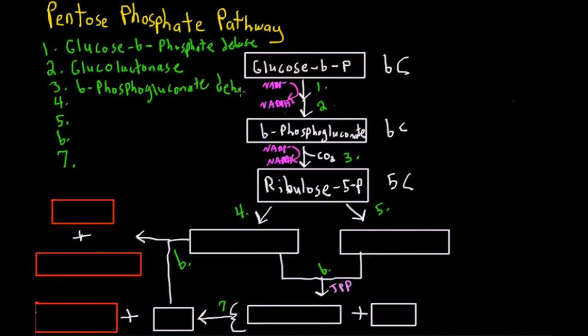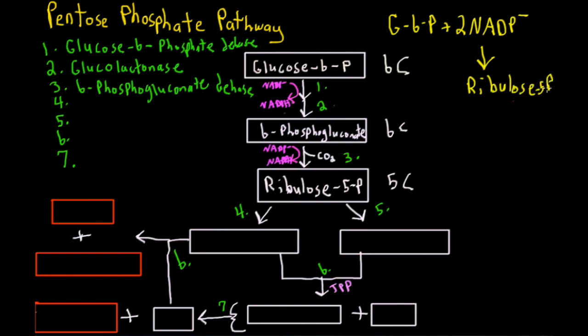Now this makes up the oxidative portion of our pentose phosphate pathway, and we can actually abbreviate this whole pathway as follows. We can just write the glucose 6-phosphate, which is going to be G6P, and we're going to add in our 2 NADP minuses, and then this we're going to turn into 1 ribulose 5-phosphate plus the 2 NADPHs we get from it.